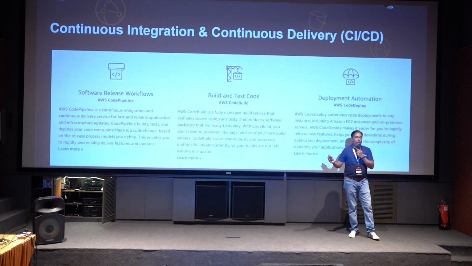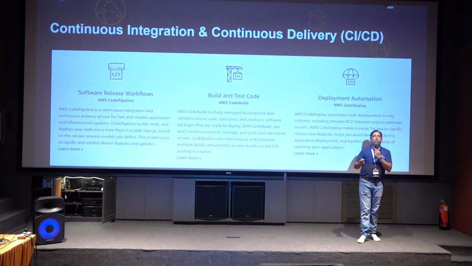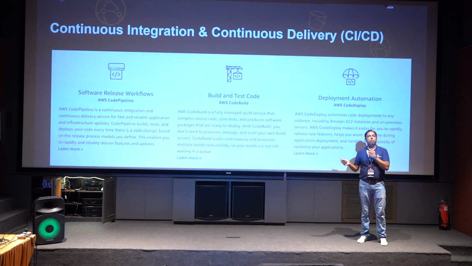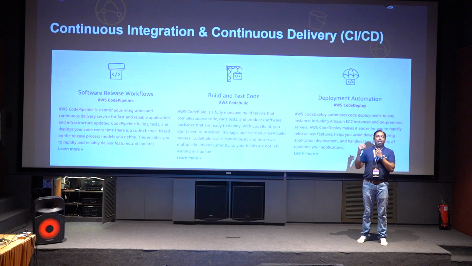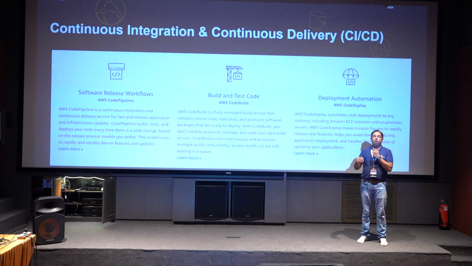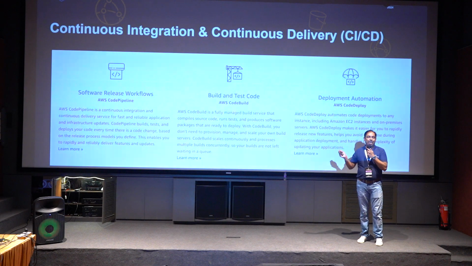AWS CodePipeline is a systematic, step-by-step process through which you can give specific instructions on how your code should be tested, how it should be built, and how it should go from version control through various stages.